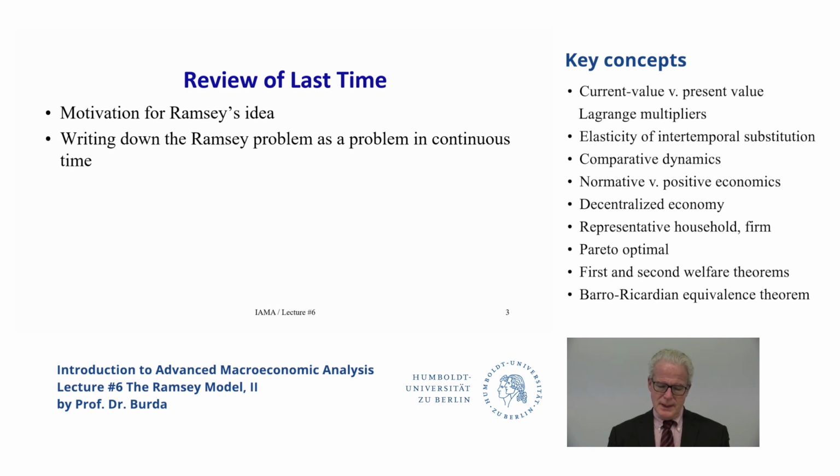And Ramsey in the 1920s, late 1920s, thought about the intergenerational problem of trying to maximize welfare of successive generations of individuals, with an eye to the fact that capital investment, as had been learned and discovered in the context of neoclassical economics at the time, was a way of transferring resources from the present to the future.